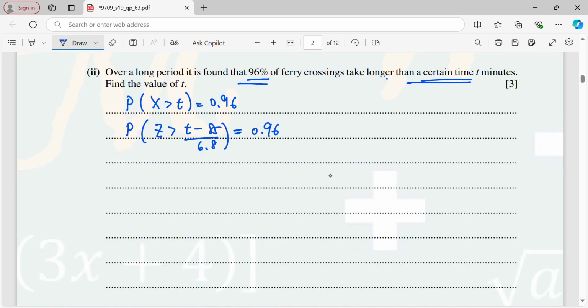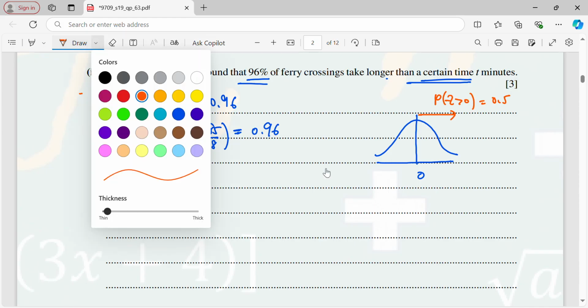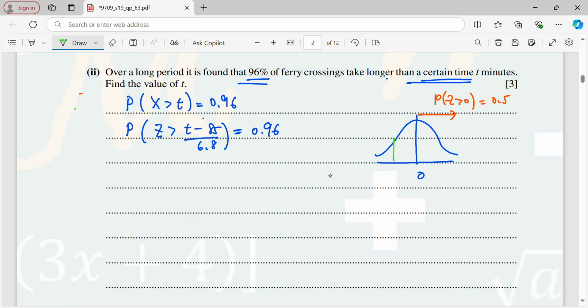Then when I sketch a graph, for your information, the probability of Z more than 0 is 0.5. But when you look at this, more than a line, that is 0.96. That means the line should be on the left-hand side, because it has greater probability.